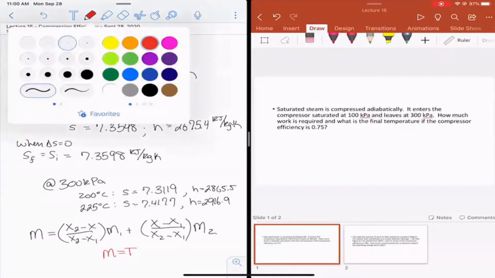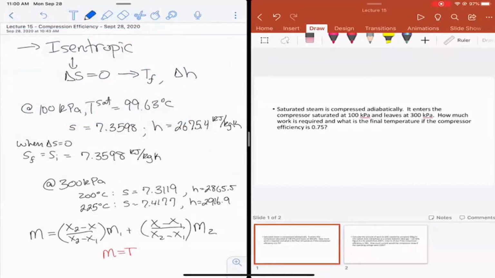And then the X's here are the entropies. In this formula, the X's are the things that you know, and x is the final entropy value. X2 is the entropy value at the second state, and I always use that as the higher temperature.